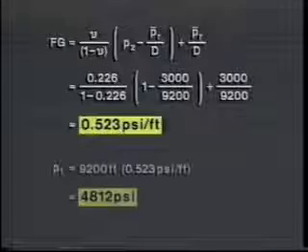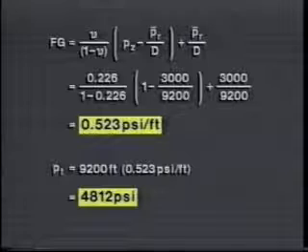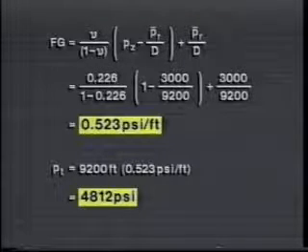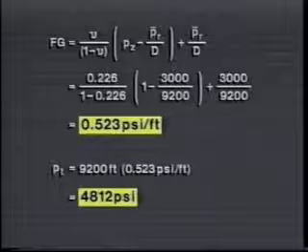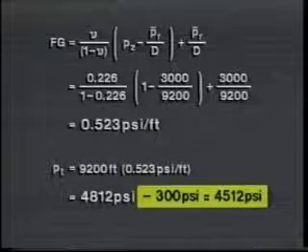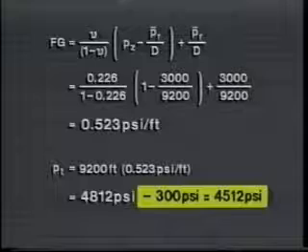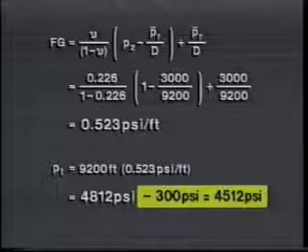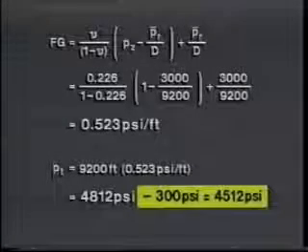At this point, we can also determine that the bottom hole treating pressure should not exceed 4,812 psi. A safety factor of 300 psi will be used to mitigate the uncertainty of this calculation.